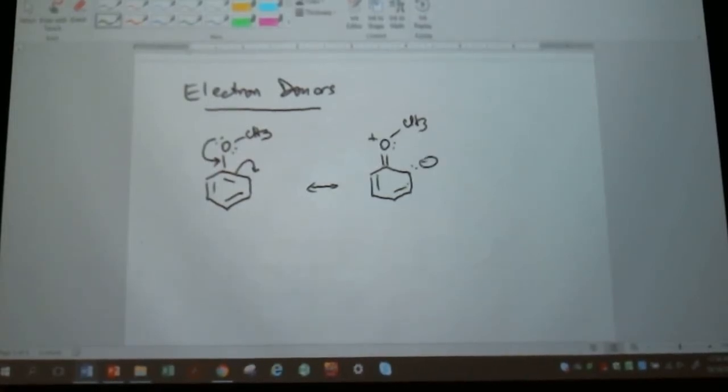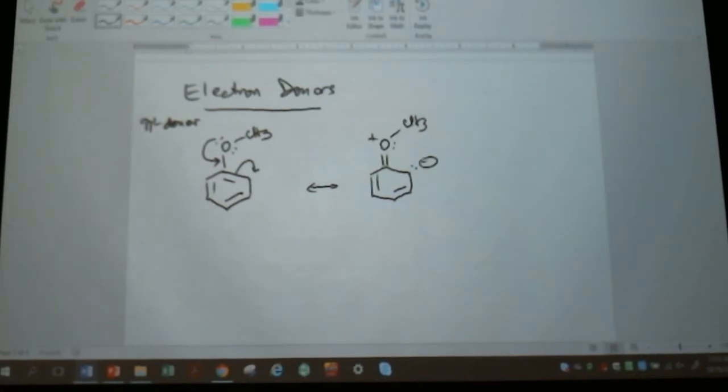Right, and we can write all sorts of resonance structures here. So this is what we call a pi donor. We are involving those p orbitals that are laterally overlapping, and through the pi system, we are donating electrons.